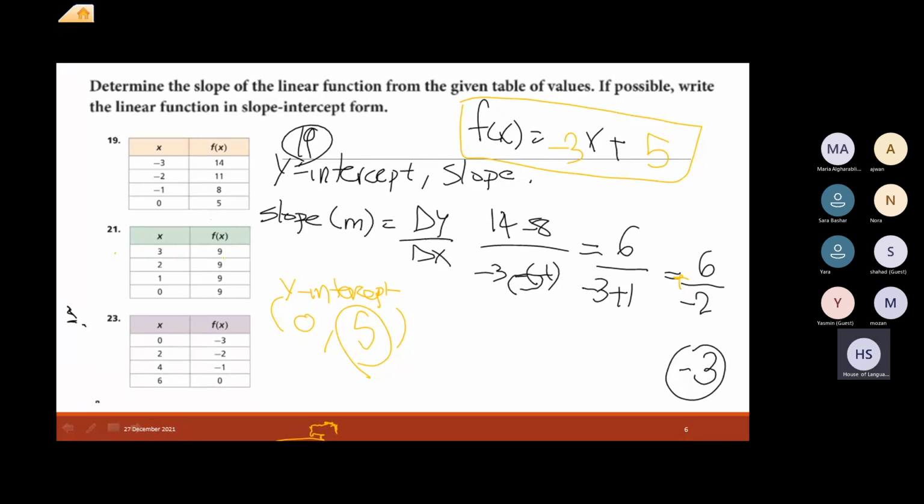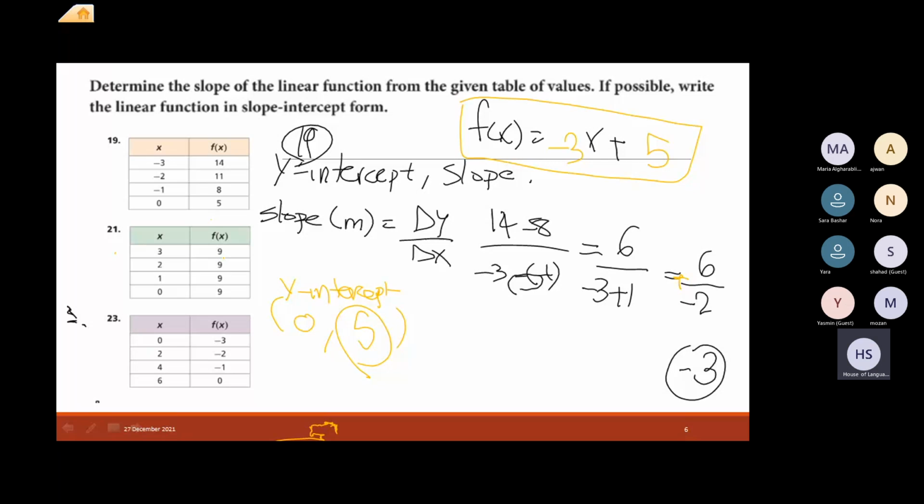And 0 x plus b. Okay, so yes, f of x equals 9. Bravo. That's the second one. The second one now. No, see, the slope is 0. 0 times x is 0. So it will be 9. Let her solve. Thank you.